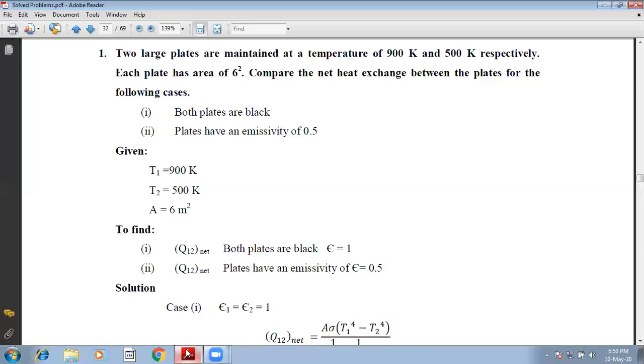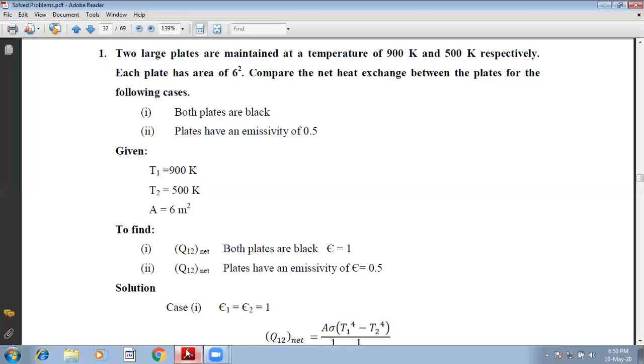Now, if you consider the ratio of absorbed radiation to the total incident radiation, this is called absorptivity, denoted by symbol alpha. Next, if you consider the amount of energy that is reflected out of incident radiation, the ratio of these quantities is termed reflectivity, denoted by the symbol rho.